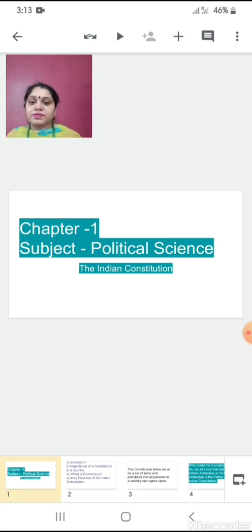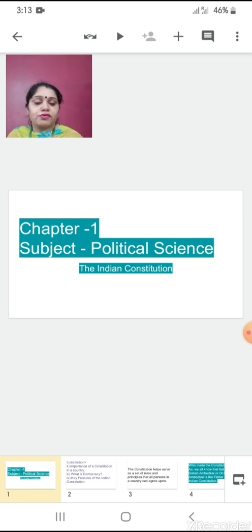So, children, starting with the very first chapter of political science, the Indian Constitution. Children, when we talk about the Constitution, what is the first word that strikes your mind? What is the first word that actually comes into your mind? Can anyone tell?